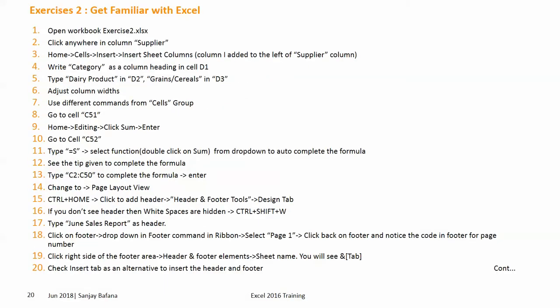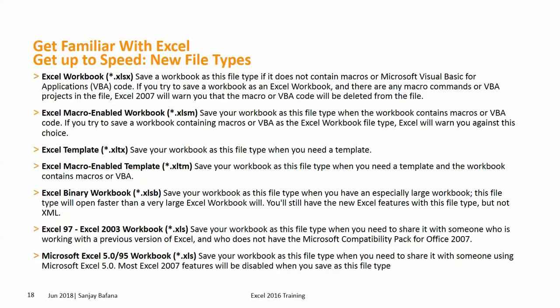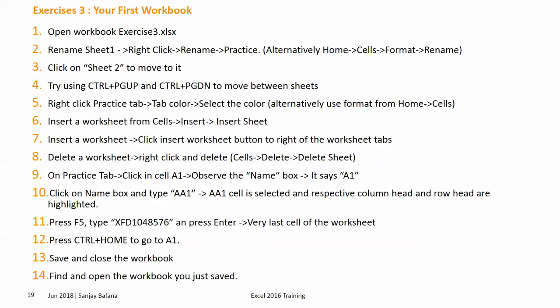What we did today is a small exercise. You can try this again. So these were the 14 steps where we added a sheet, colored the tab, and used Control Page Up and Page Down to navigate from one sheet to another. We also explored the last cell of the Excel file, which is XFD1048576.